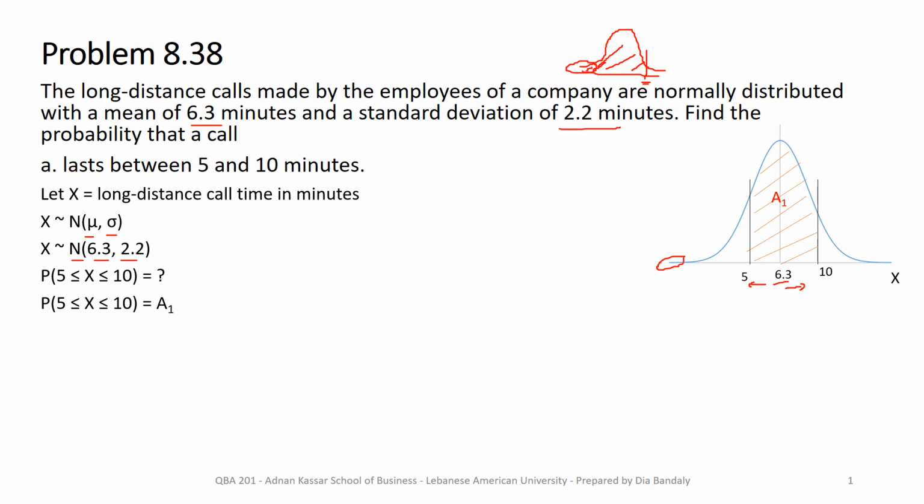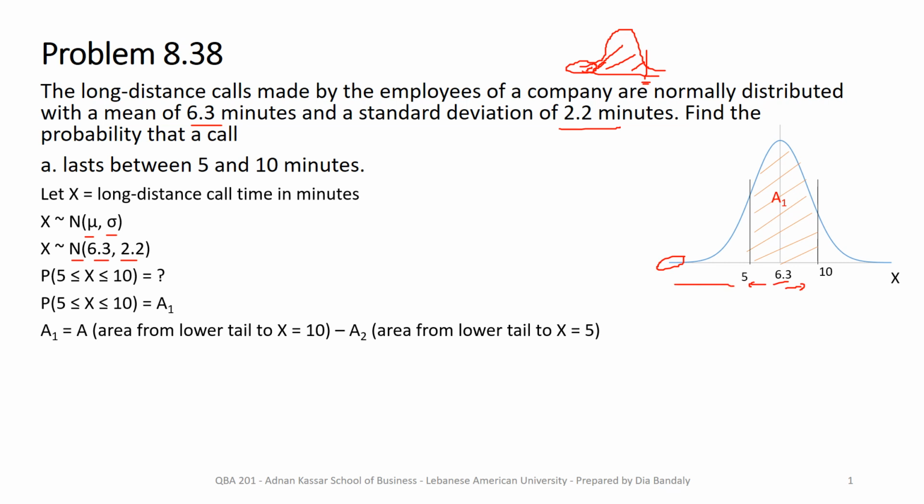So what I can do is find A1 in terms of other areas. I say that A1 is equal to a big A, which is from the lower tail until 10, all that area, minus the area from the lower tail to 5, which is A2.